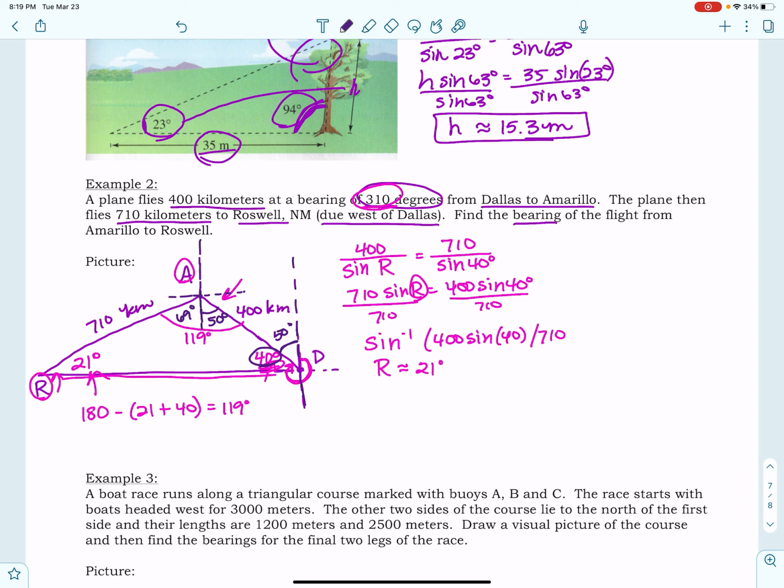Watch this. This is north, this is south, this is east, and this is west. So I could write that the bearing from Amarillo to Roswell is south 69 degrees west. Okay, that's the directional bearing. And you would be done there. You don't have to go on.